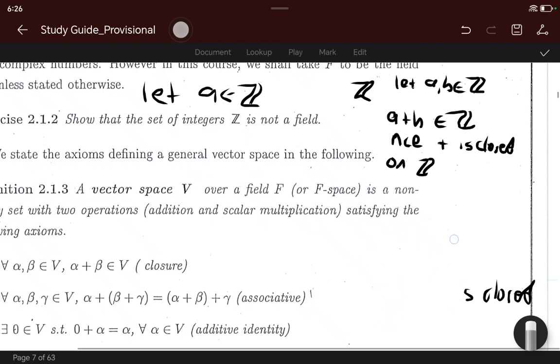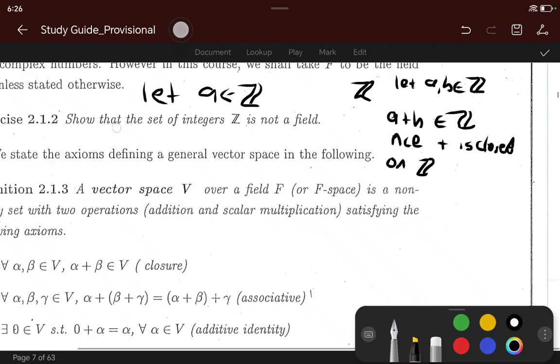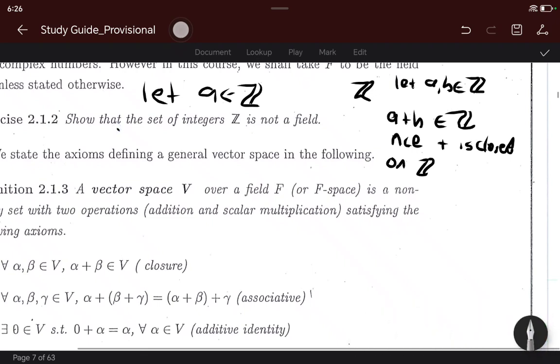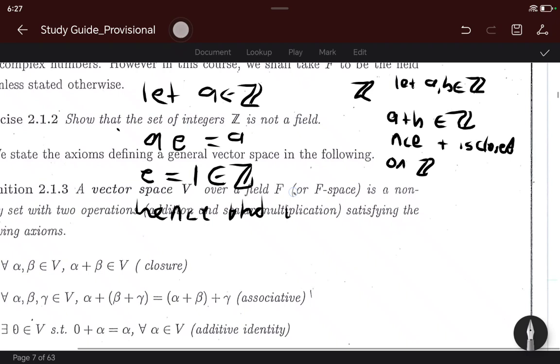First, for multiplication, since we've already checked that multiplication is closed, we can check the identity of multiplication. Since we have a, we can say a times e is equal to a. This is the case. Then a over a is 1. And is 1 an element of the integers? Yes. Hence the identity exists.